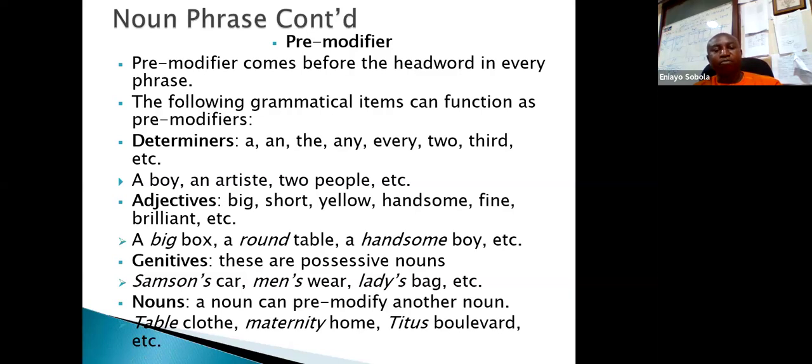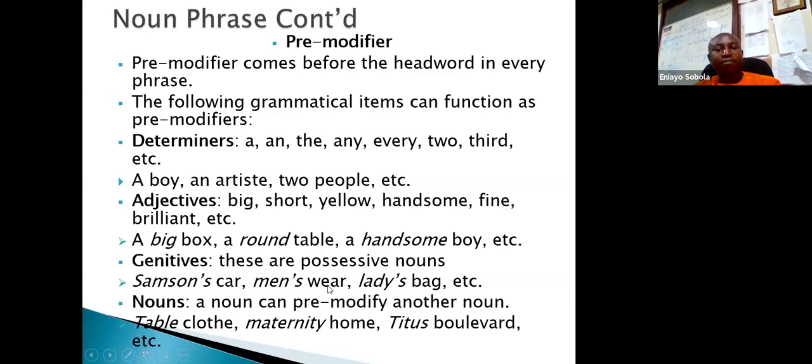meaning that possessive noun can pre-modify another noun. For example, Samson's car. You see the presence of the apostrophe S indicates possession. That the car we are talking about belongs to who? Samson. Samson is a genitive that pre-modifies the noun car.